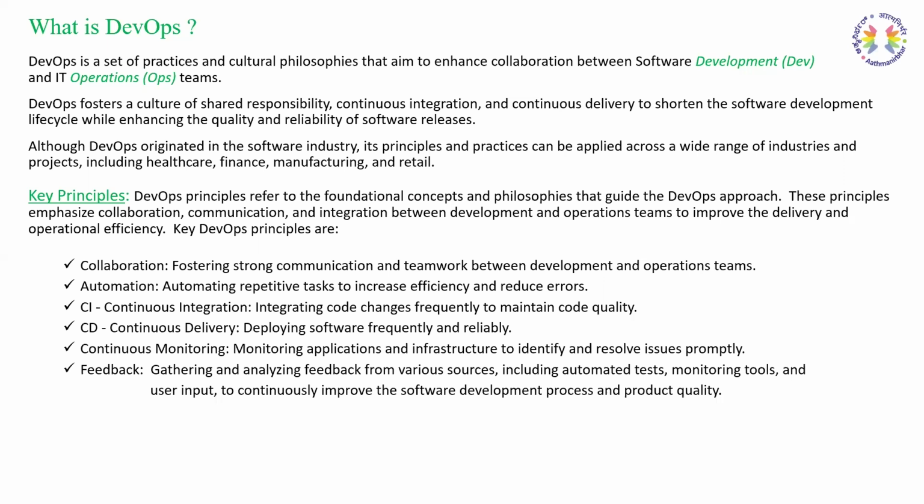Okay, the next one is automation. Automating repetitive tasks to increase efficiency and reduce errors. What does that mean? Automation is a key principle that involves streamlining repetitive tasks across various processes within an organization.